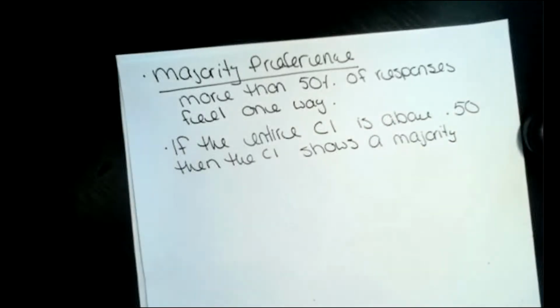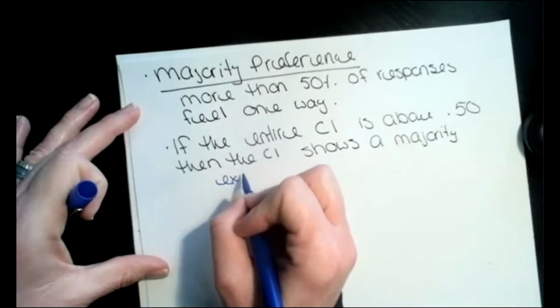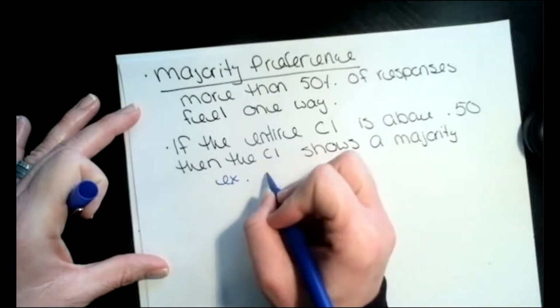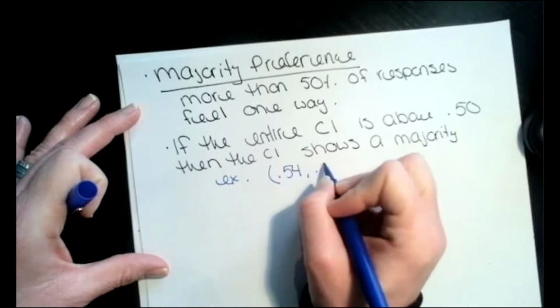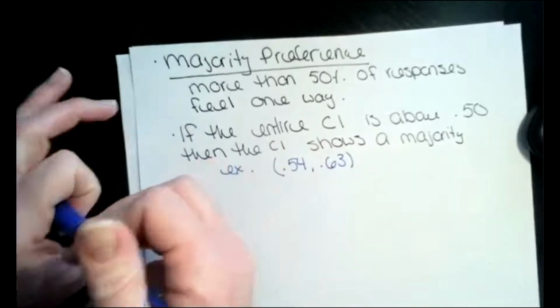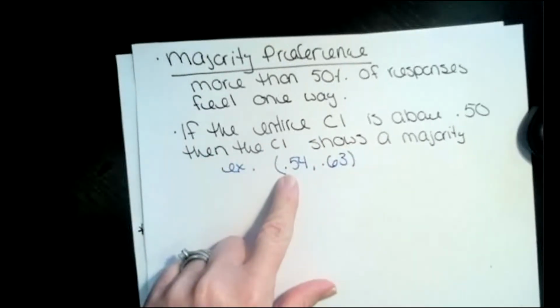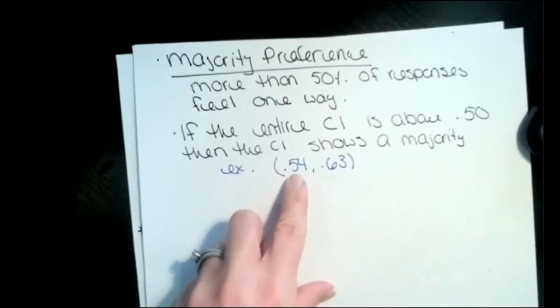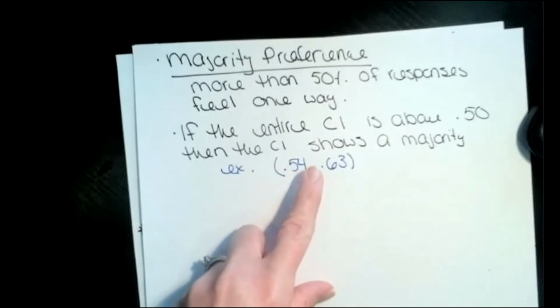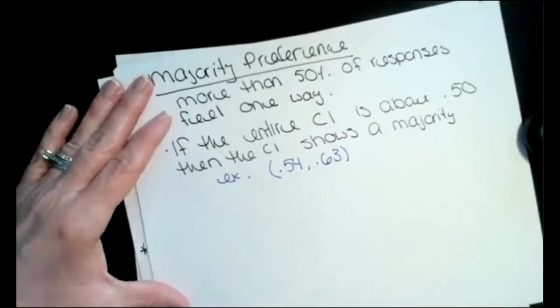My example for this could be something like 0.54 up to 0.63. That would be an example of my entire CI being above 0.5, right? Every number is above 0.5. So this is majority.